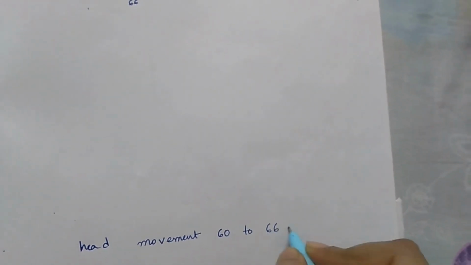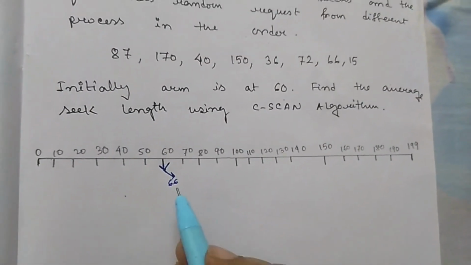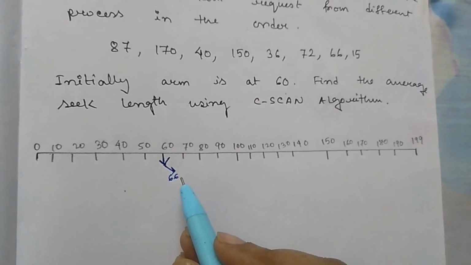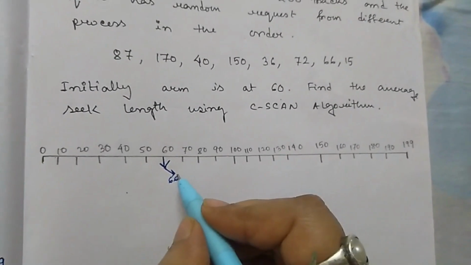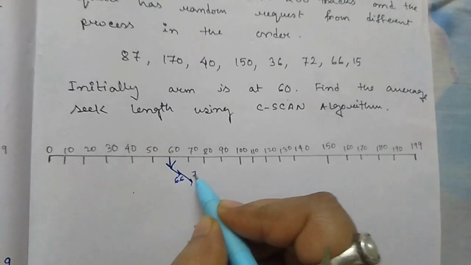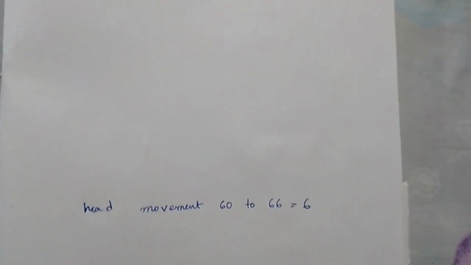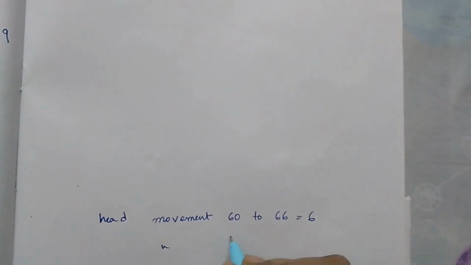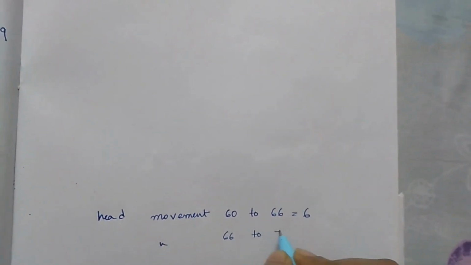Here we calculate the head movement, 60 to 66, so the gap is 6. Next we find the next nearest value of 66, that is 72. The head movement is 66 to 72, so the gap is 6.